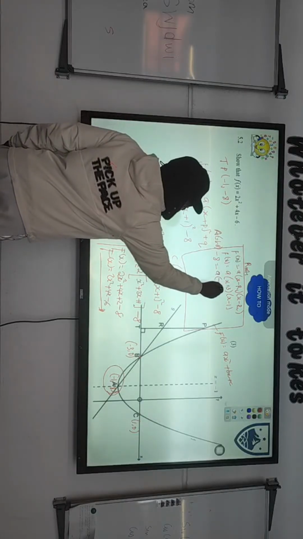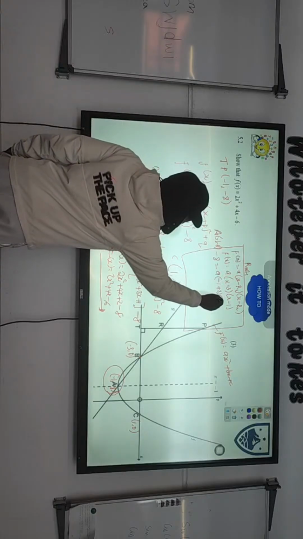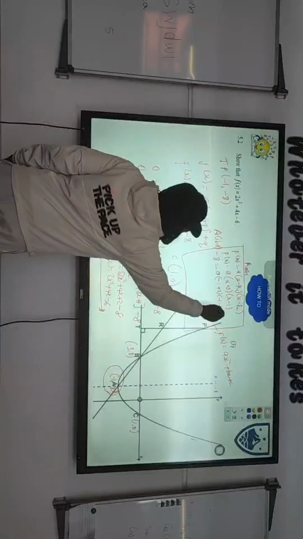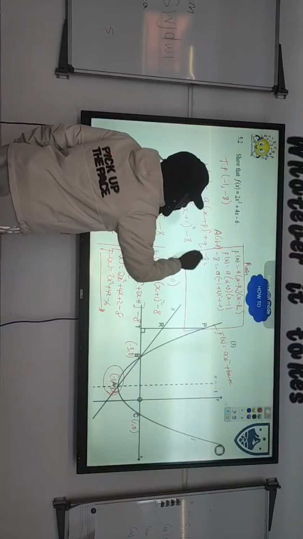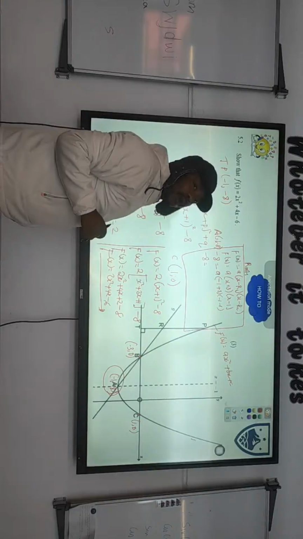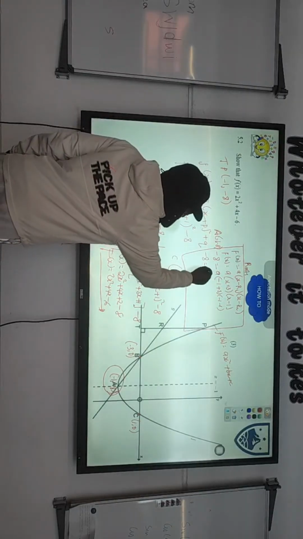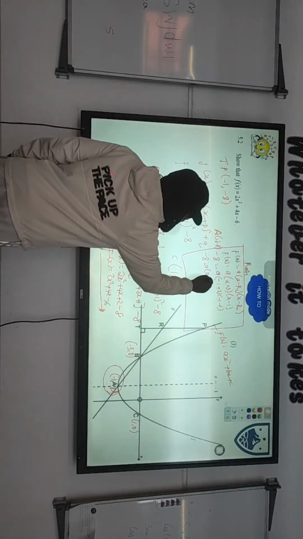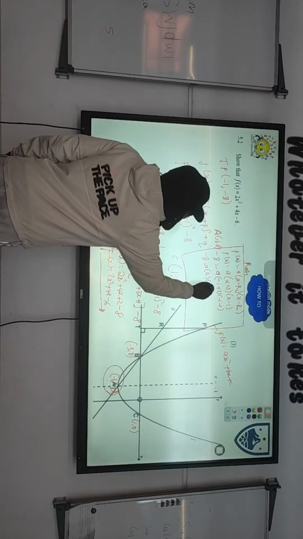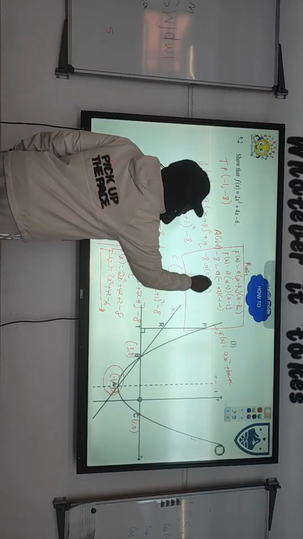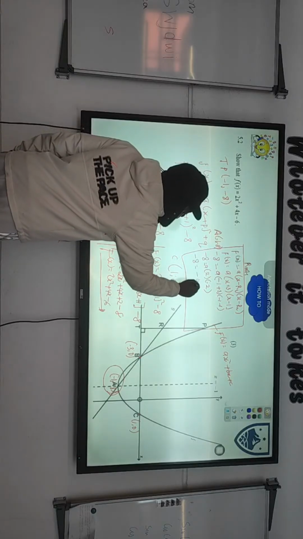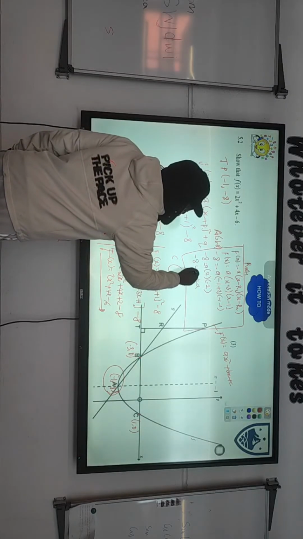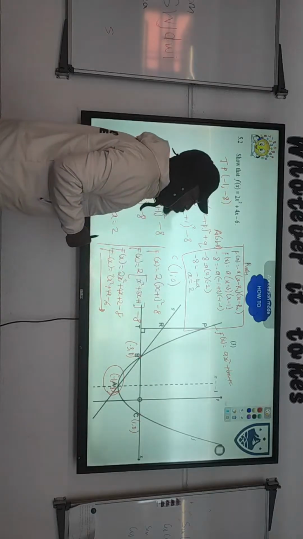So I have negative 1 plus 3, negative 1 minus 1. So negative 8 will be equal to: negative 1 plus 3 will give me 2, then multiplied by negative 2. This will be negative 4a. So negative 8 is equal to negative 4a.